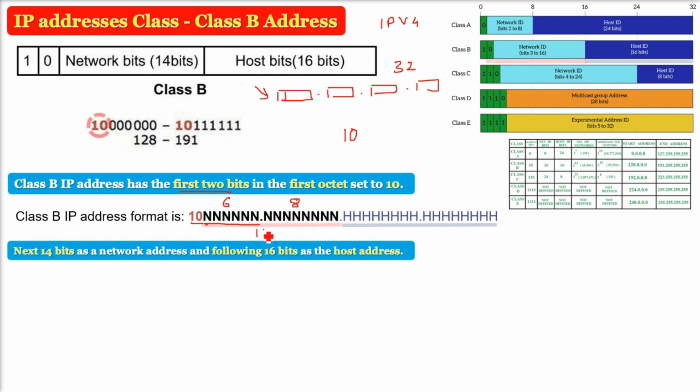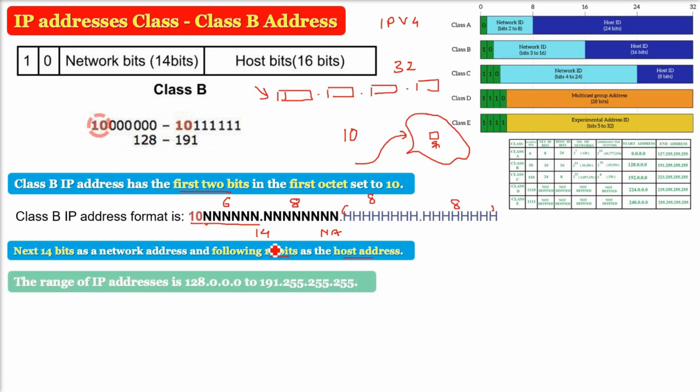From here to here, these are the next 14 bits, and these are the network address. Please remember, there can be millions of networks. So first we have to find the network, and then we have to find the actual computer or system inside that network, which is called the host. So these 14 bits are the network address in the class B address, and from here to here, these 16 bits indicate the host address.